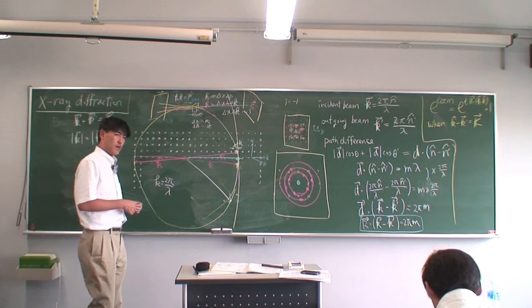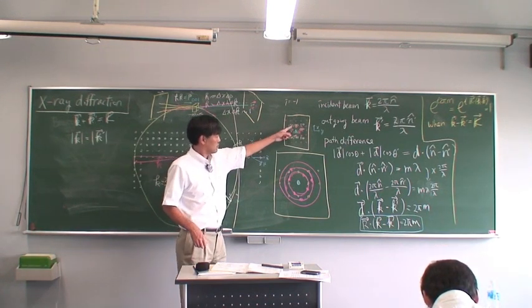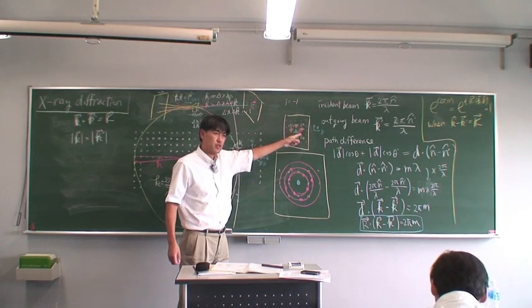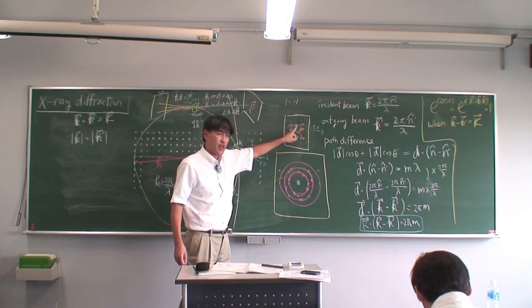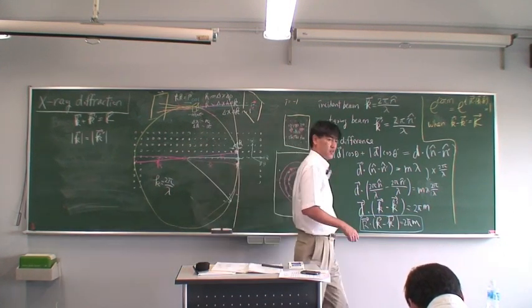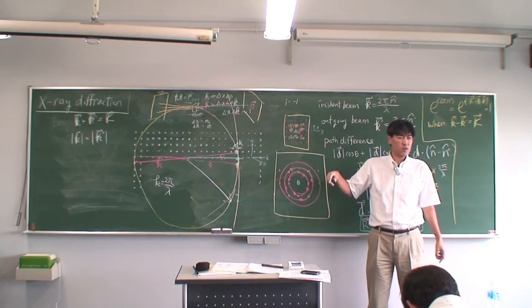So, after all, you find that these are Miller indices, HKL. So it's 1 bar, 1, 0, and so on.